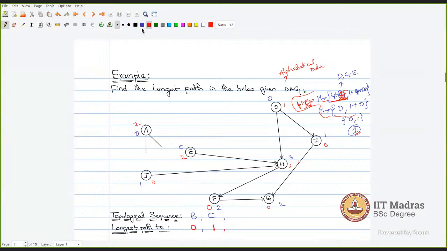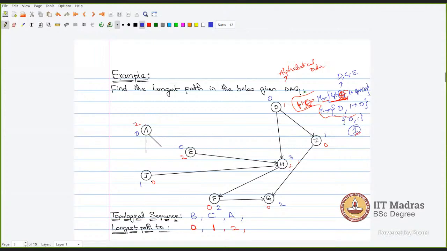I will add this vertex A to my topological sequence, and the longest path to A will be 2. Suppose for A, red number would be like 1, then we go for E, we remove E. You don't need to worry about the longest path number. While you remove, just look at the in degree, that blue number only.